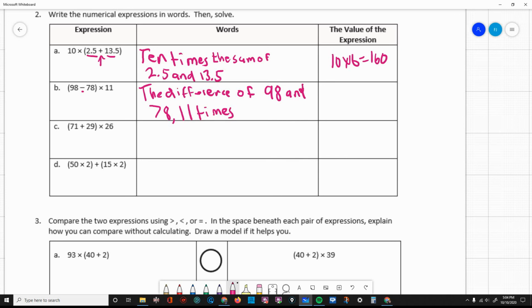98 minus 78 is 20 times 11. Now you could do mental math here, and the way you should train your brain to do this mentally is to break this apart. We can distribute, and we'll go 2 times 10 times 11 is our new equation. Actually, I should have done that in reverse.